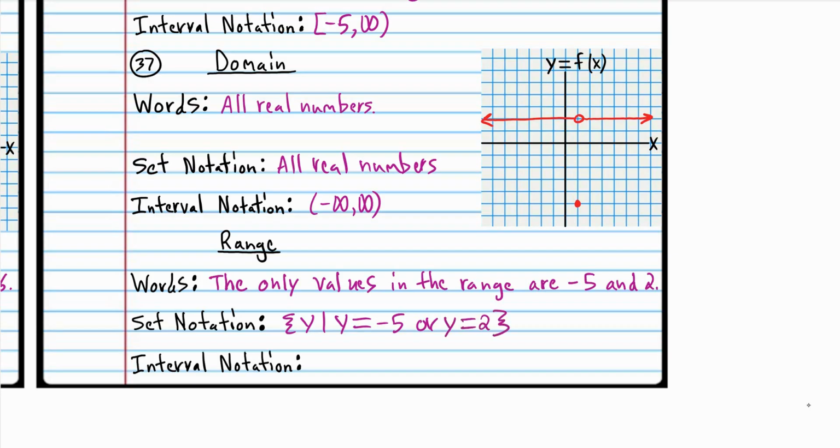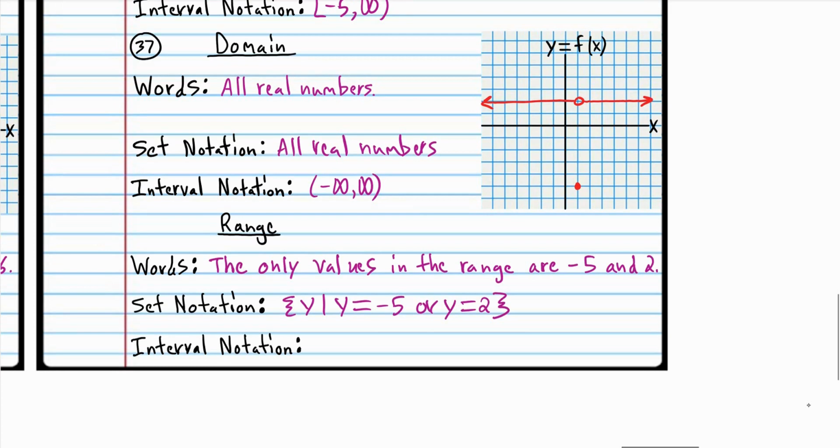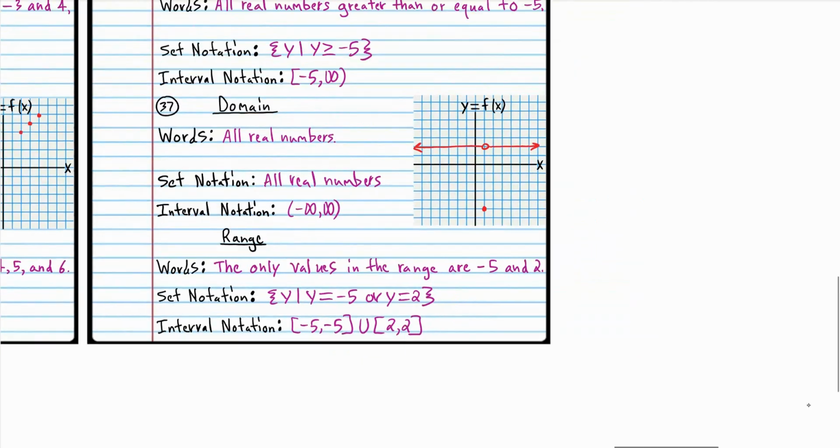You can't say and because it's not possible for y to be negative 5 and 2 at the same time. Okay, in interval notation, we use brackets, negative 5, comma, negative 5, union symbol, 2, comma, 2. So if you got that answer, excellent.